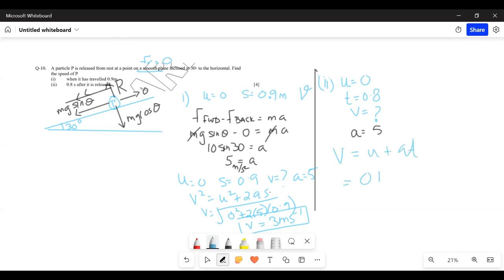So 0 plus 5 times 0.8, which is 4 meters per second. That's question 10.